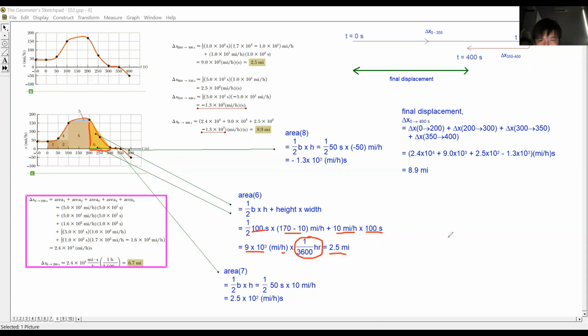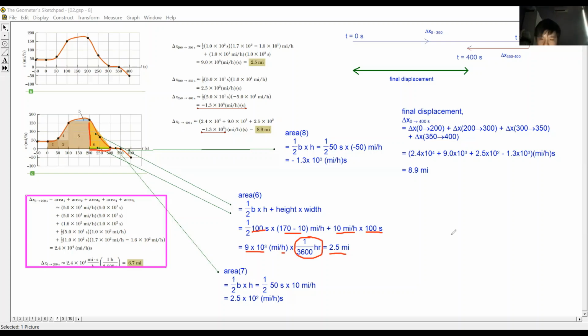Is this okay? Regarding the unit, how to make them consistent. Before conversion, it is like this, mile per hour second. Actually, this is mile per hour, and then this is second.